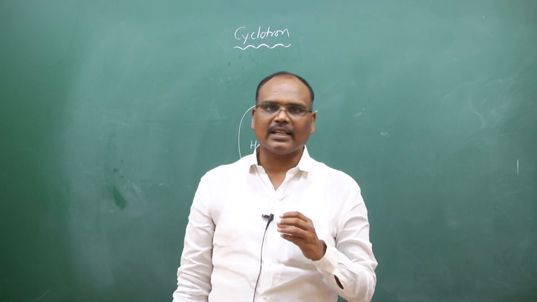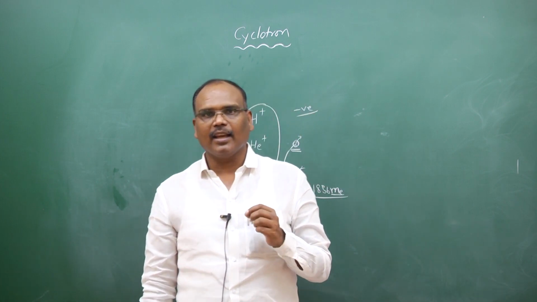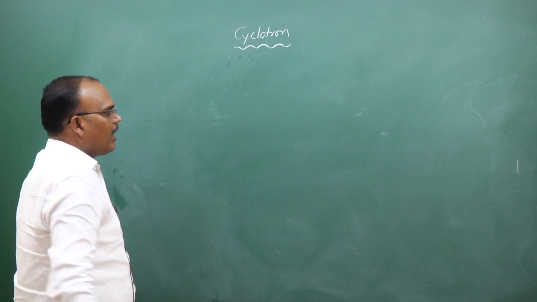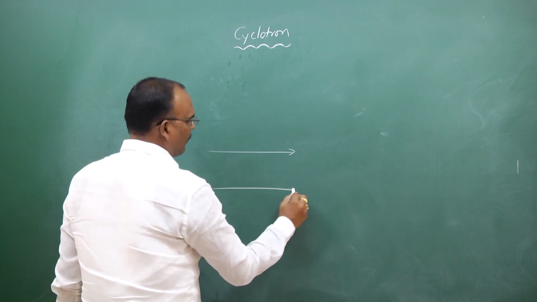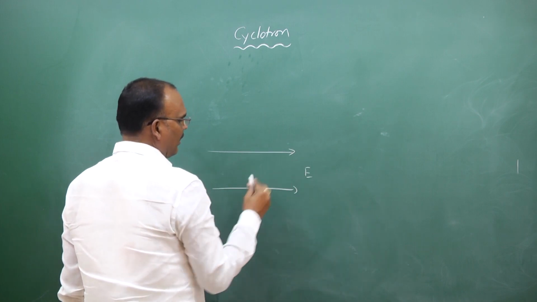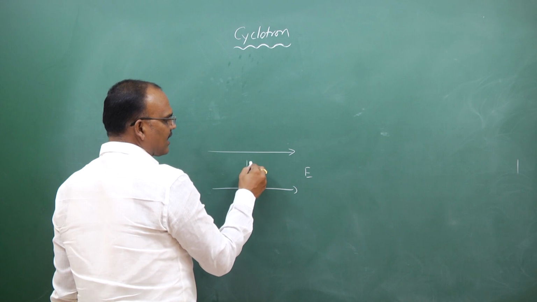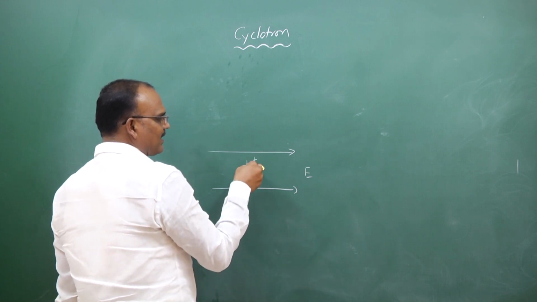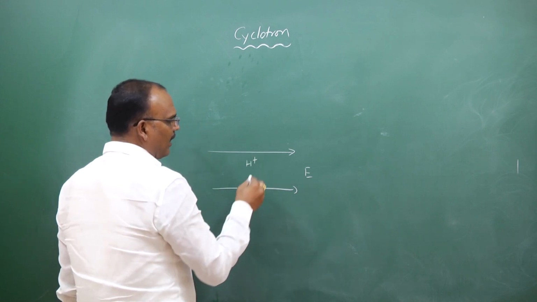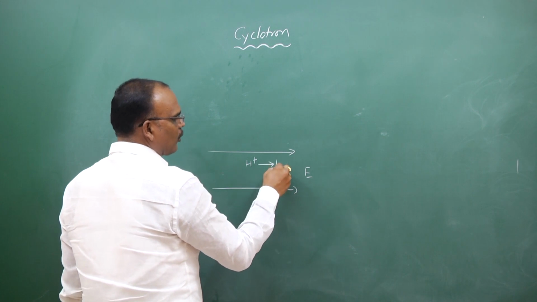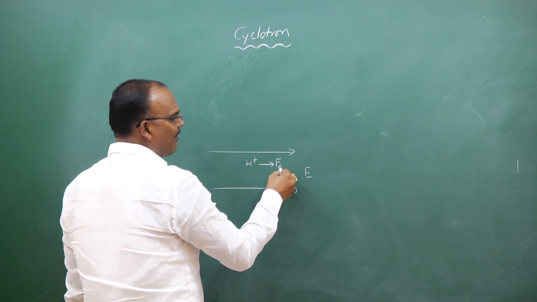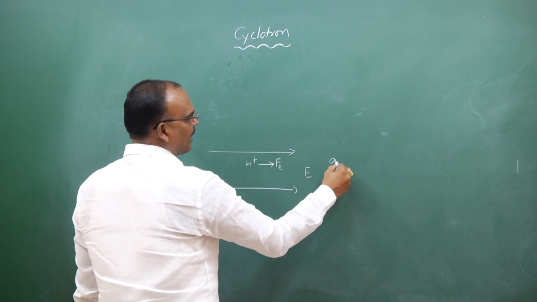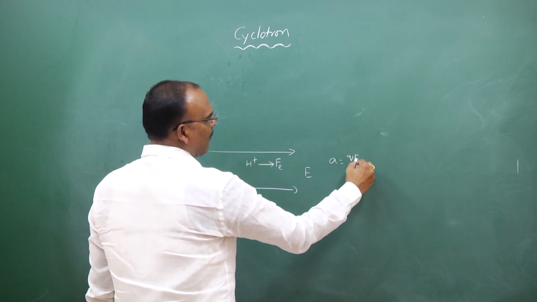How are we going to get these high energy ions? If we apply a uniform electric field and a positively charged ion is placed in it, it experiences an electric force in the direction of the electric field. So it will have an acceleration, a equals qE by m.